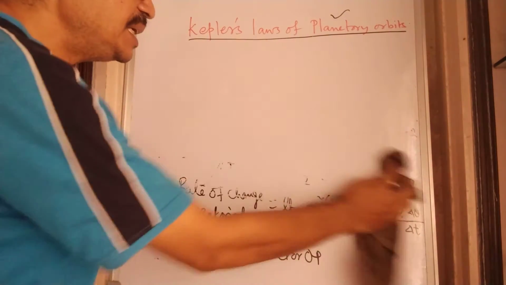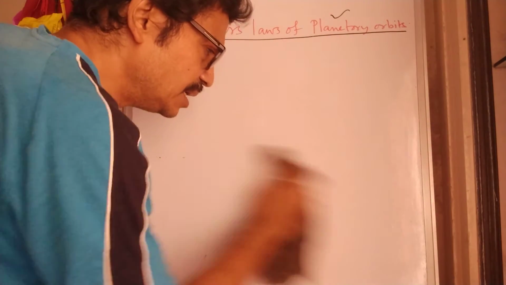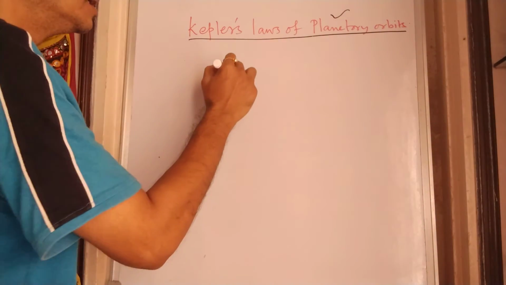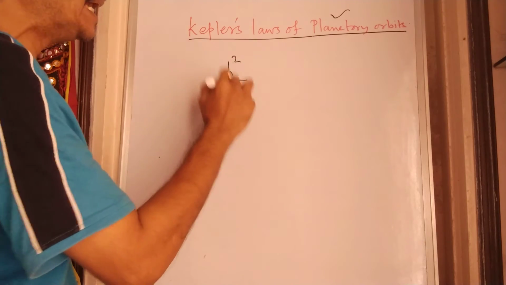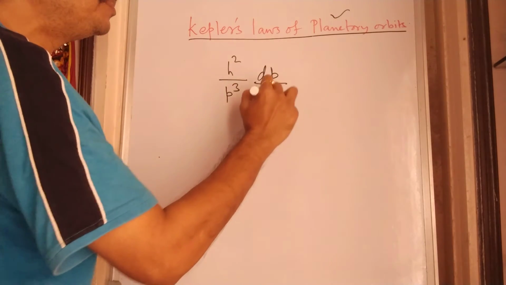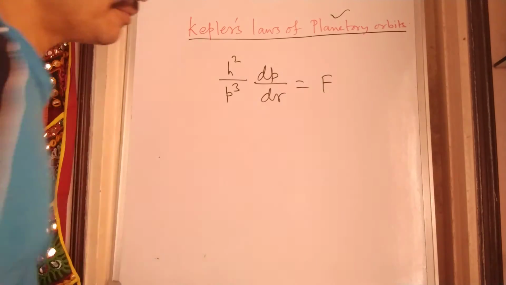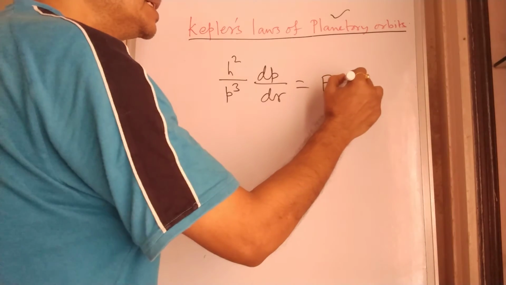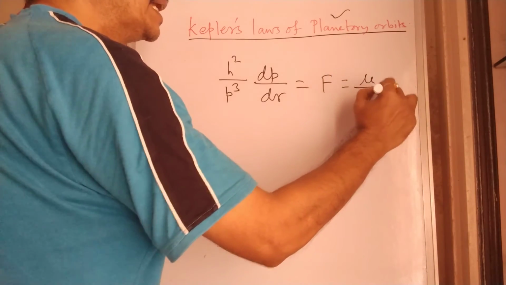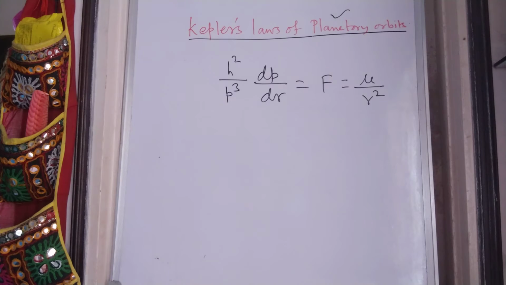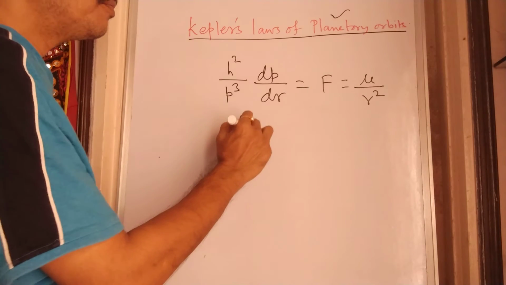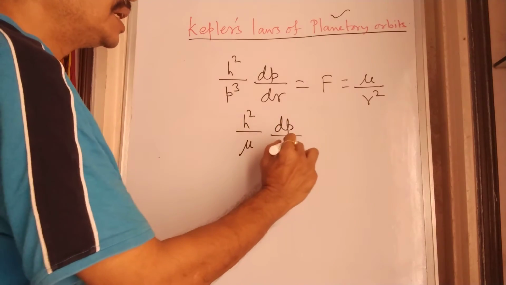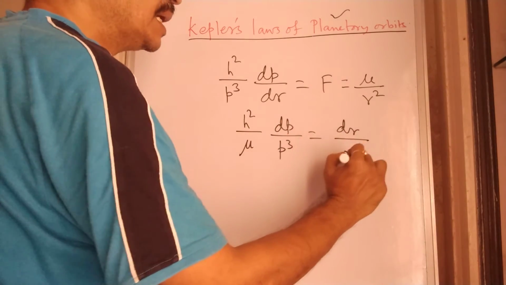The first law is actually a direct consequence of the pedal equation h square by p cube dp dr is equal to f, and as we know that this force is inverse square law, we may write it as mu by r square. From here we can easily find that h square by mu dp by p cube is nothing but dr by r square.